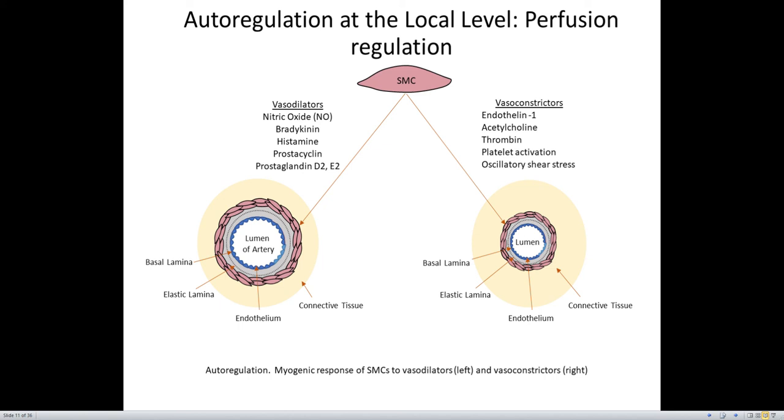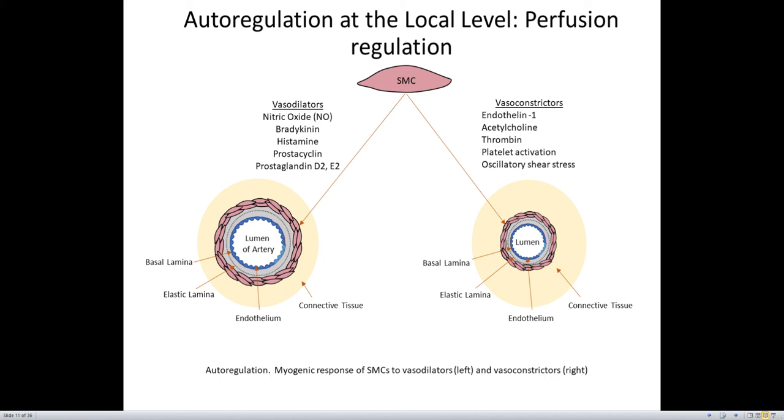And those vasodilators include nitric oxide, bradykinin, histamine, certain prostacyclins, and prostaglandin D2 and E2. These will cause that smooth muscle cell to relax and open up so that the blood vessel in that particular local area will be able to provide more blood flow, more perfusion, to provide more oxygen to support local metabolic demands.